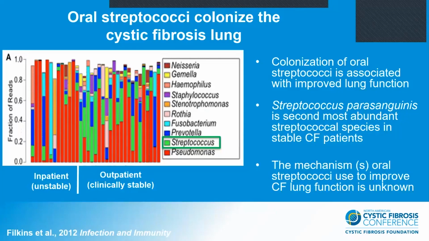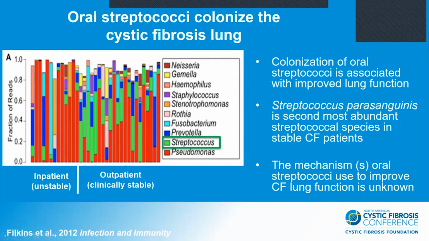However, recent published studies suggest that there are other species of bacteria that are colonized within the lung. This is data from work by Filkins et al. that came out in 2012. They sampled CF sputum from an inpatient unstable population and outpatient patients that were clinically stable.